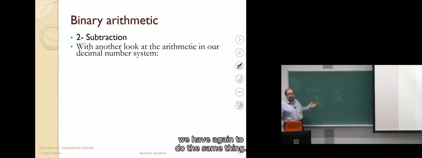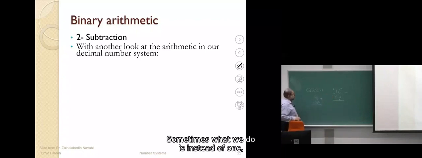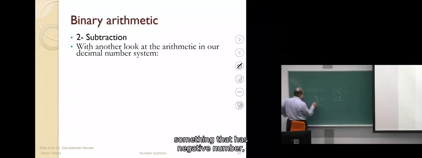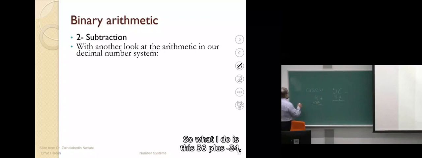If you want to calculate that, we have again to do the same thing. But we do something here. Sometimes what we do is, instead of something that has a negative number and we have to again subtract it, we add 100 to it, okay? 100 minus 34.